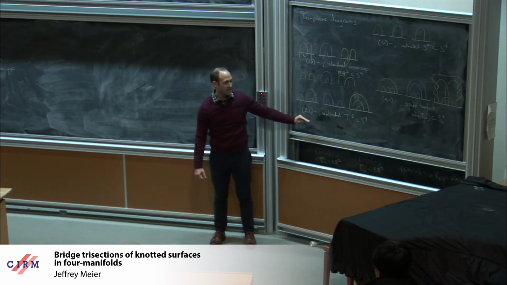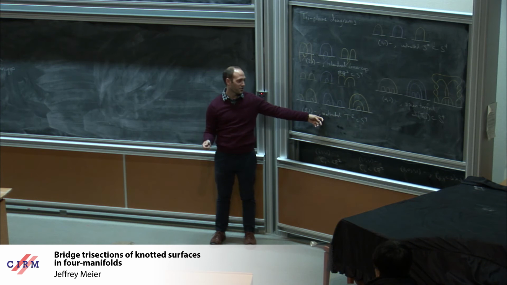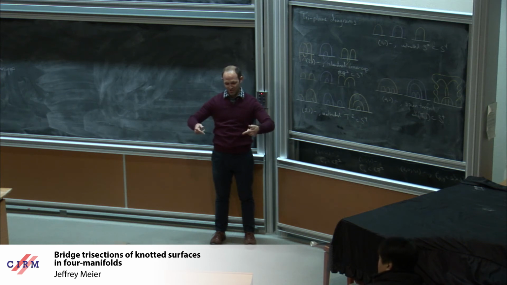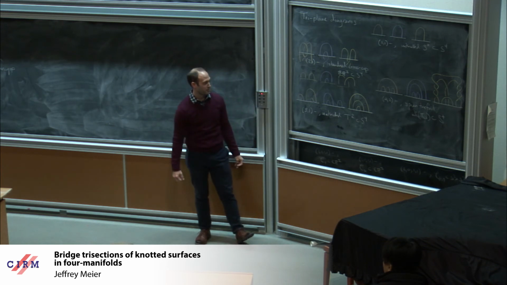The other thing I'll mention is that Alex and I's result that there's a unique irreducible genus 2 trisection automatically gives that there's a unique irreducible 3-bridge trisection, because genus 2 surfaces and 3-bridge tangles are bijectively related by the hyperelliptic involution. Every set of curves on the genus 2 surface can be made invariant under the hyperelliptic involution.